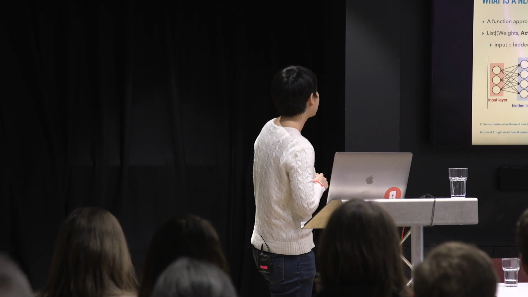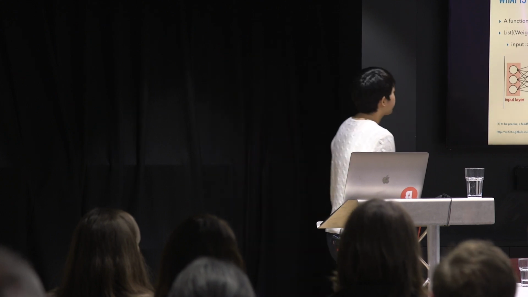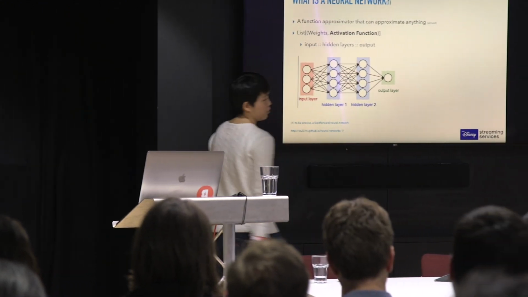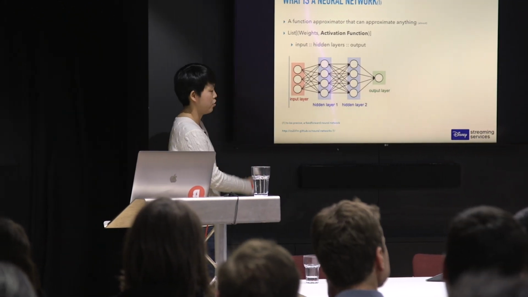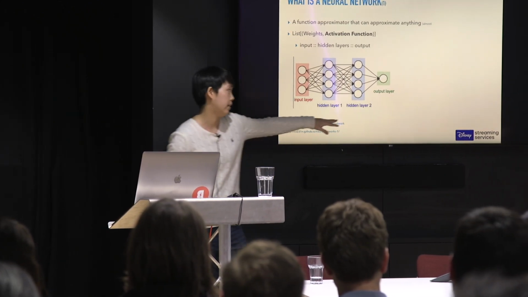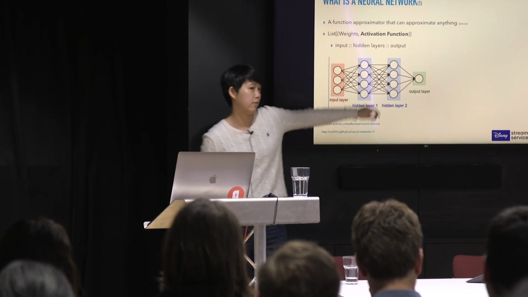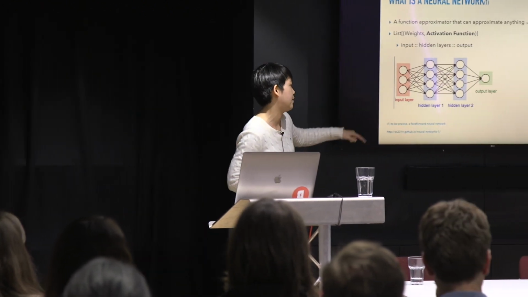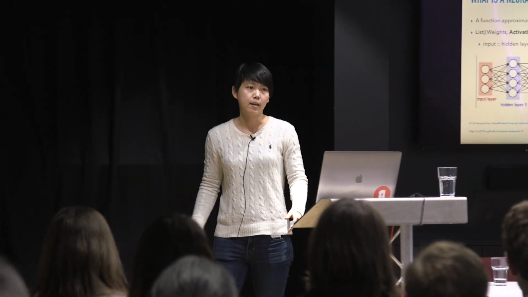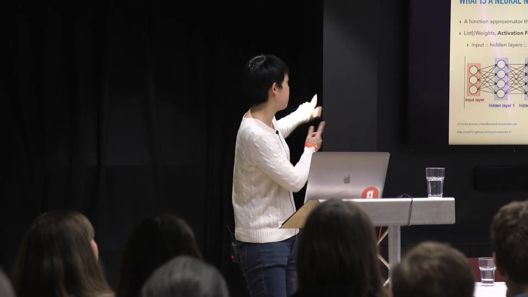What makes them really special is the activation function, which I'll talk about in a bit. You can think of this as the architecture of a network. These are your inputs, these are outputs, and you can stack a list of hidden layers in between, where each layer is a type of weight and activation function. Just to be precise, this is a feed-forward type. There are other types like recurrent, where you feed the output back.